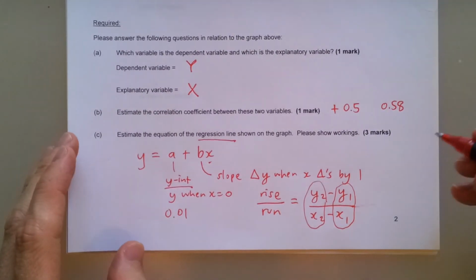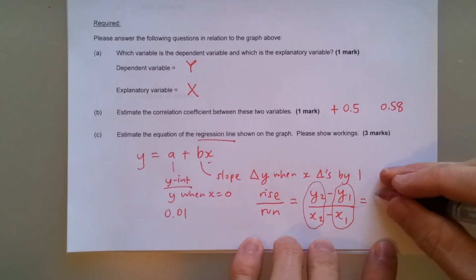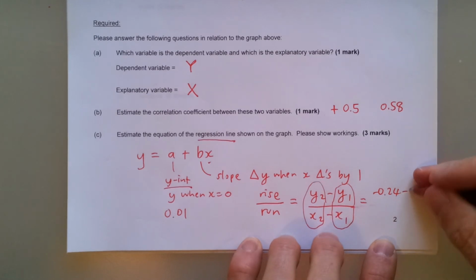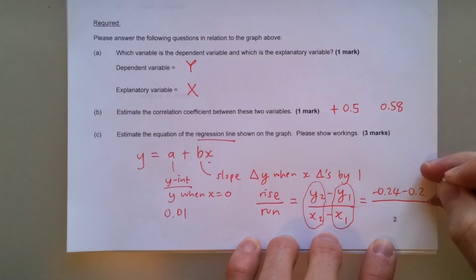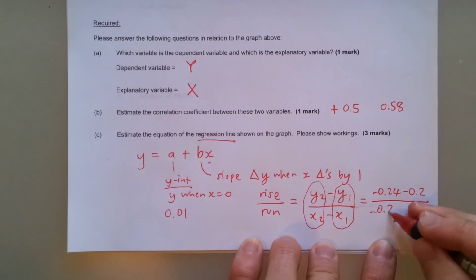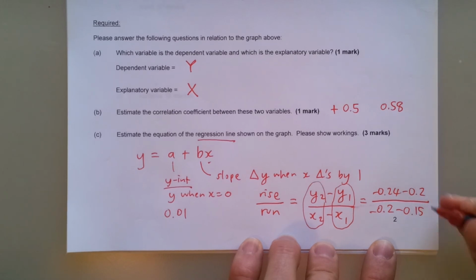So I had y2 being negative 0.24. Take away y1, my y1 was 0.2. My x2 was negative 0.2, and my x1 was 0.15.